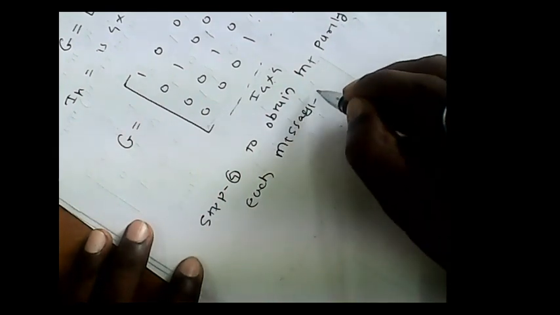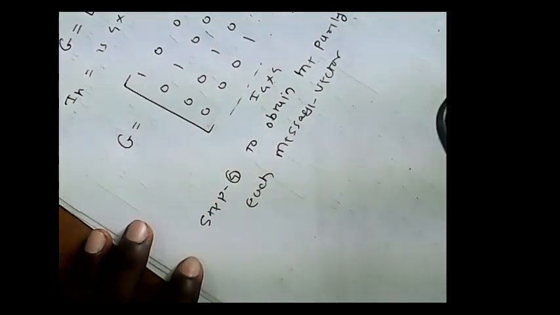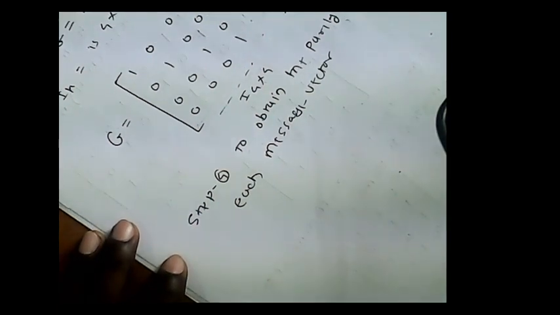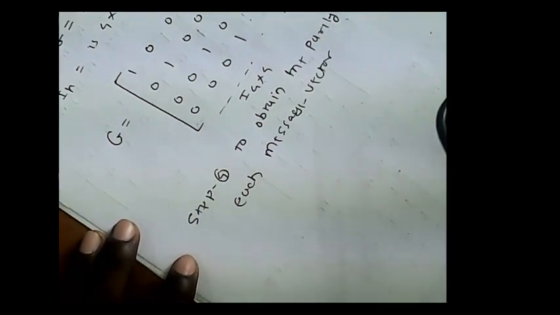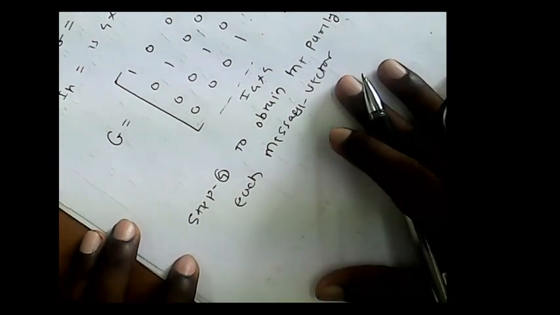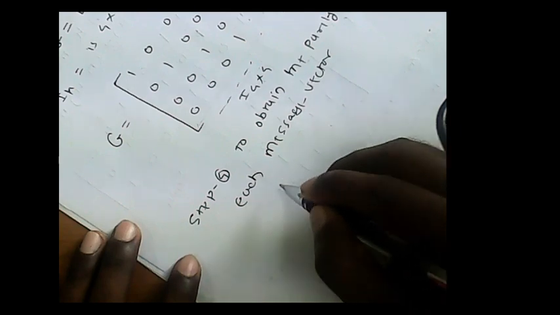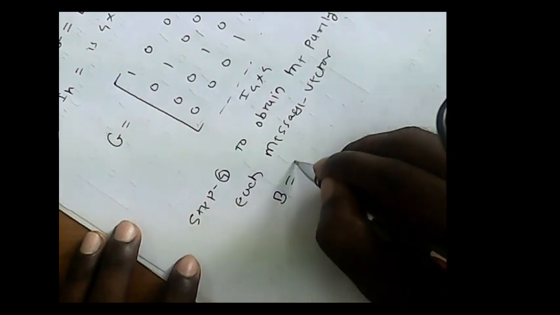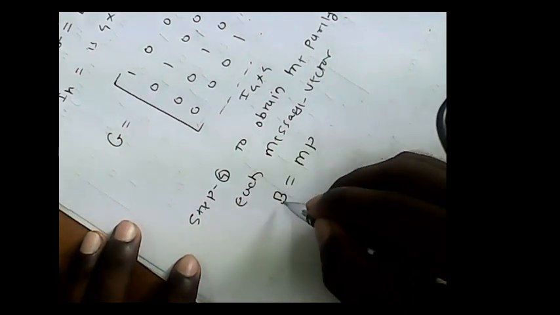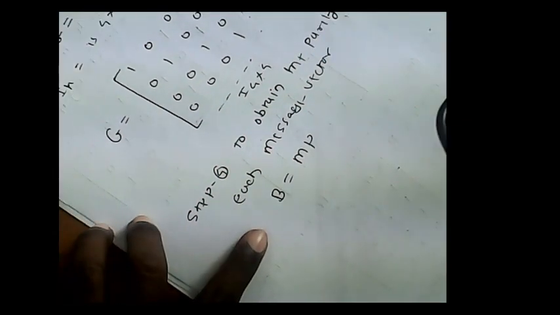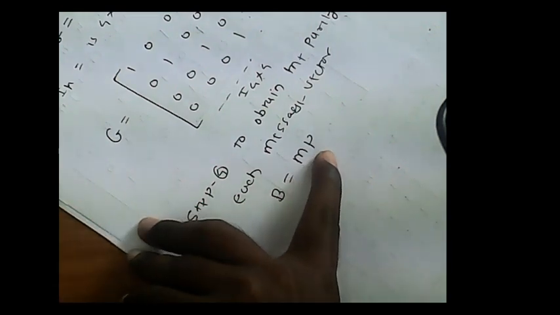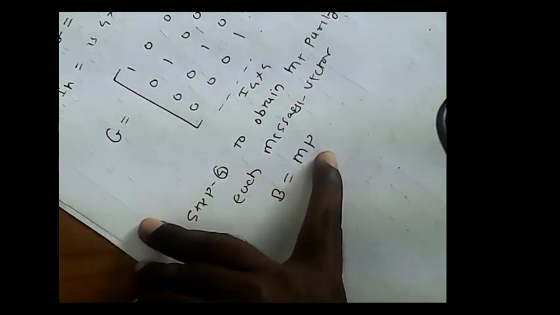You can find the parity bits for all message vectors. We know the equation b is equal to mP, where b is the parity vector, m is the message vector, and P is the parity matrix.